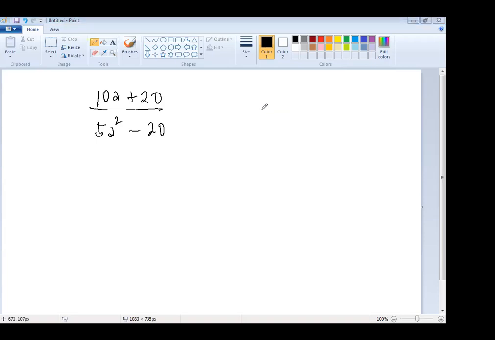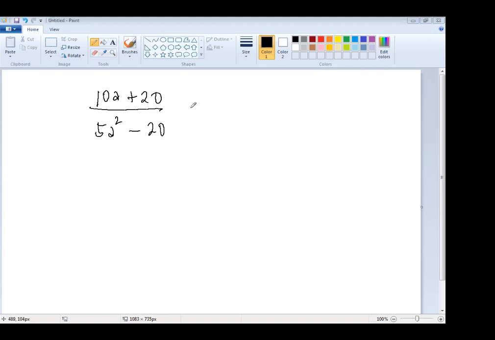Okay, next. So we have here 10a plus 20 over 5a squared minus 20. How will we simplify this into the simplest form?